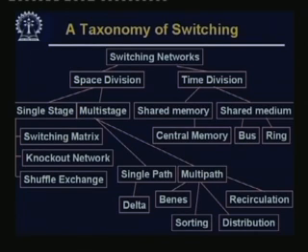Shared memory could be a central memory, or the shared medium could be a bus or a ring, etc. So, these are different types of switches. We will not have the time to look at all these in detail, so we will just look at some of the very common types of switches that are used.